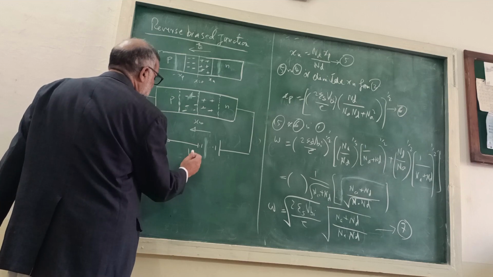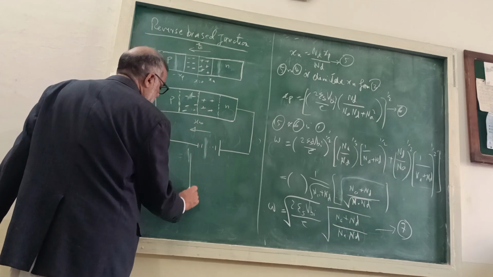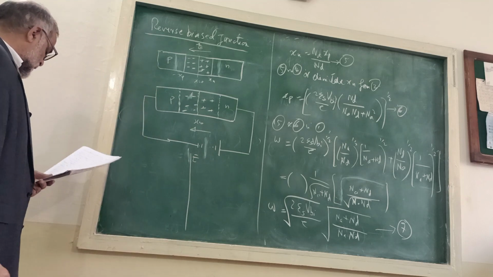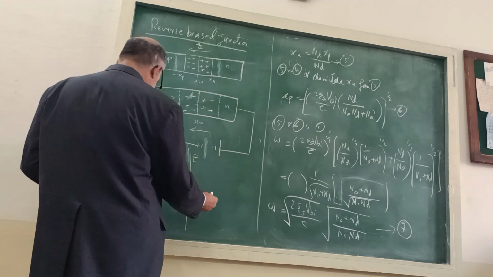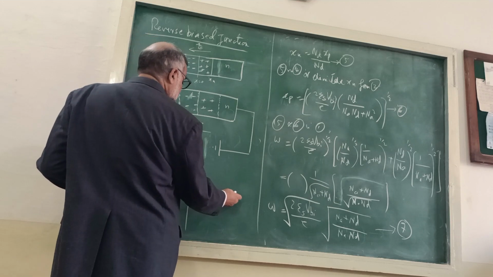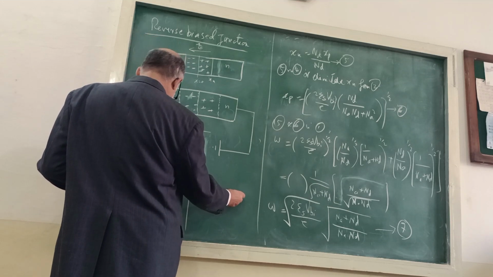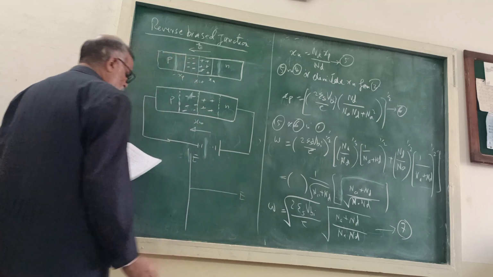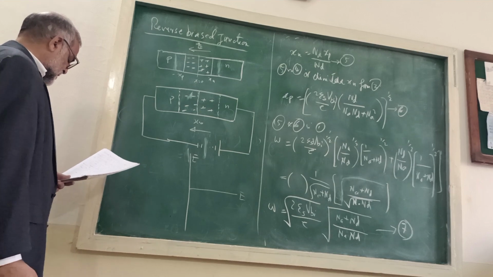If we write this in the energy band diagram, that is E. If that is the Fermi energy, now because of the potential difference, the Fermi energy will get lower.